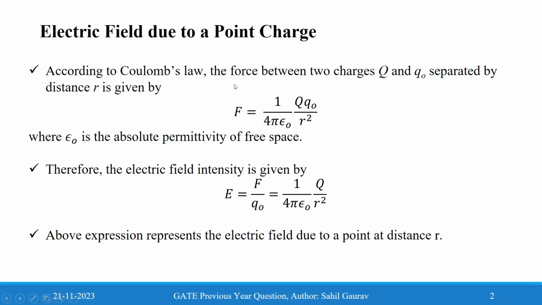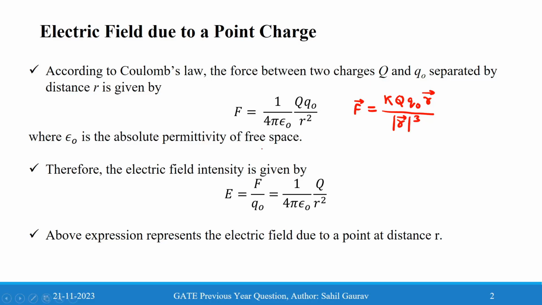So according to Coulomb's law, the force between the two charges Q and Q naught separated by distance r is given by this expression. So this is only magnitude. If you want to write the vector form, then you can represent 1 divided by 4 pi epsilon naught by k into Q naught, and here you can represent vector r, then downside will be r cap, r vector to the whole q.